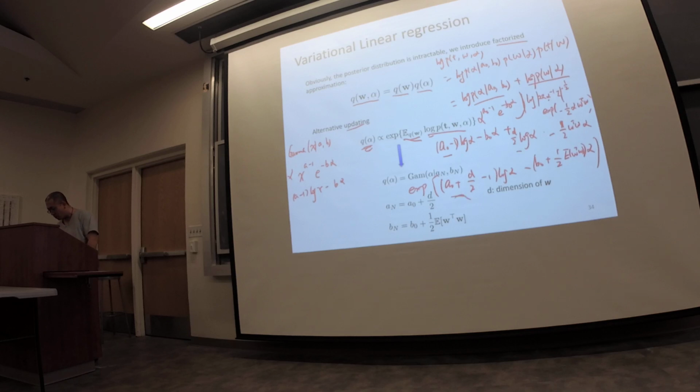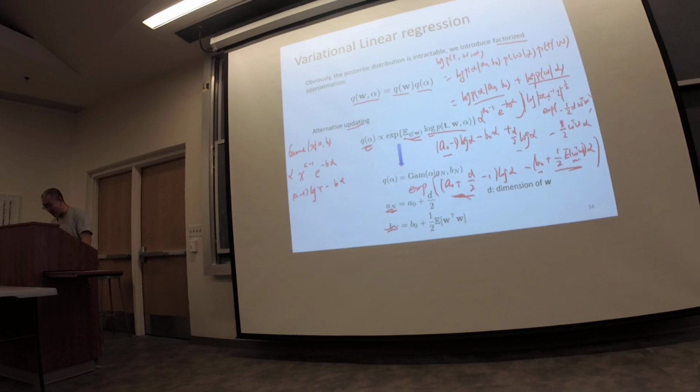So you know your new distribution has a_N to be a_0 plus half D, and b_N to be b_0 plus half the expectation of W transpose W. That's your new parameters for your approximate posterior of alpha, that's Q of alpha.